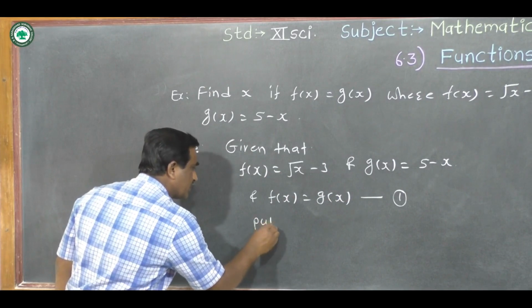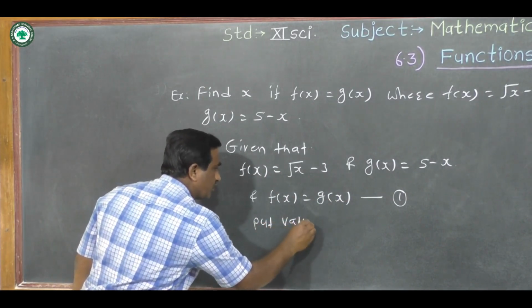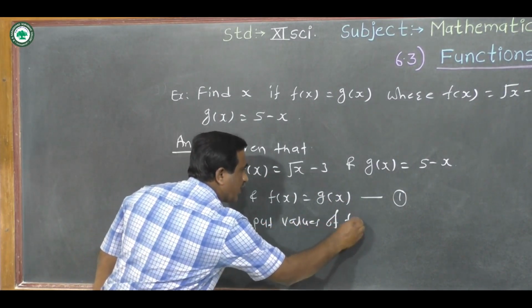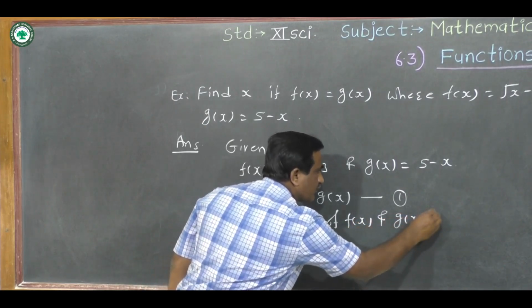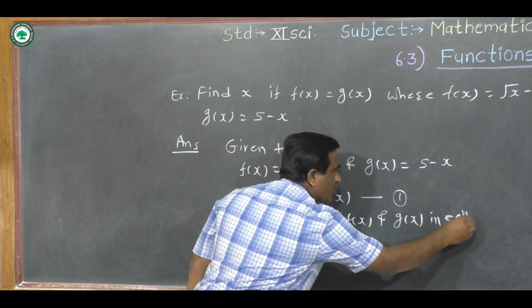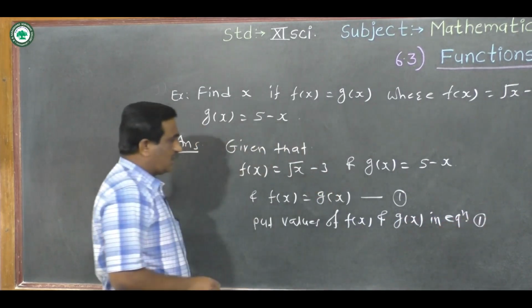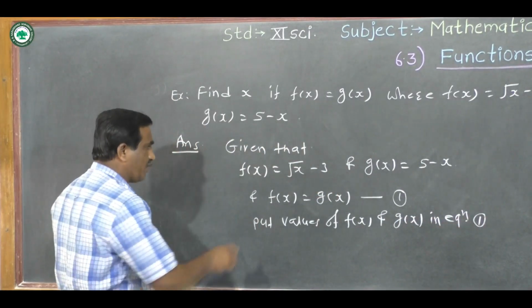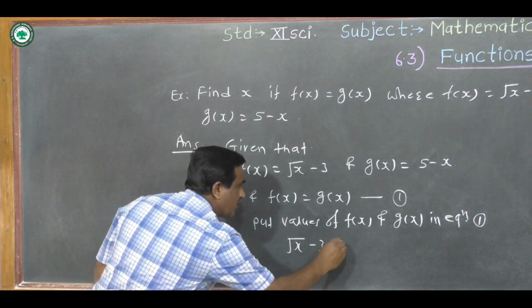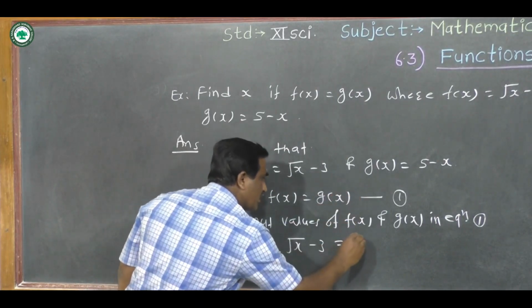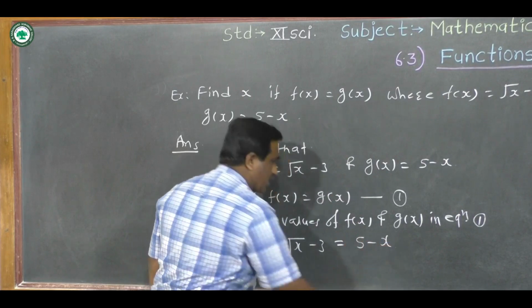Put the values of f of x and g of x in equation first. Therefore this equation 1 becomes f of x, meaning under root x minus 3, equal to g of x, 5 minus x.